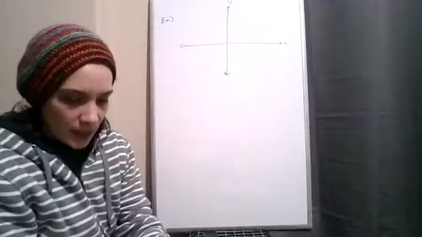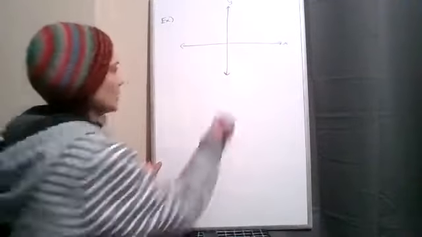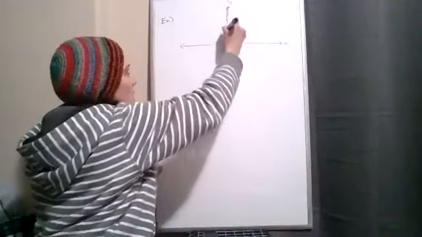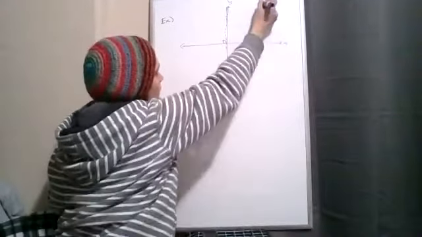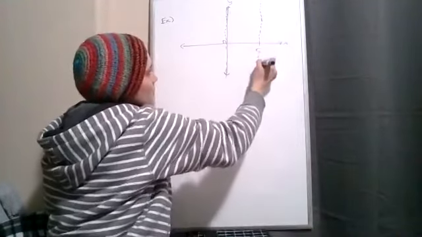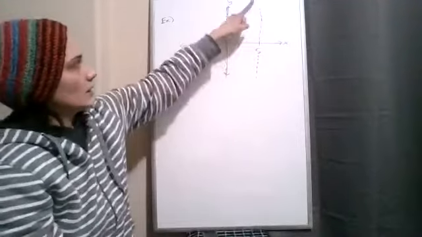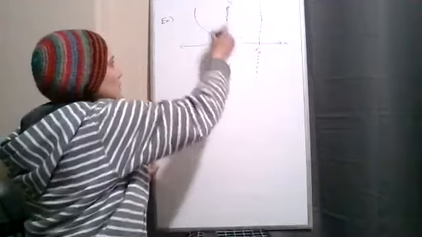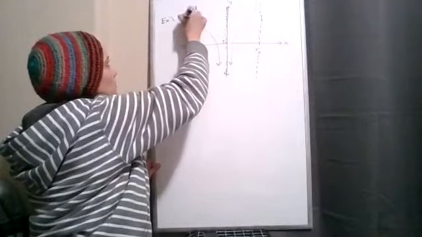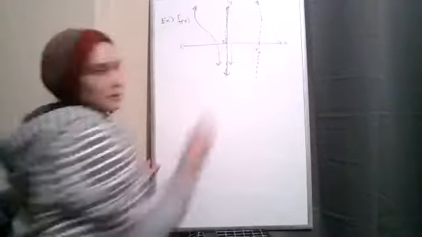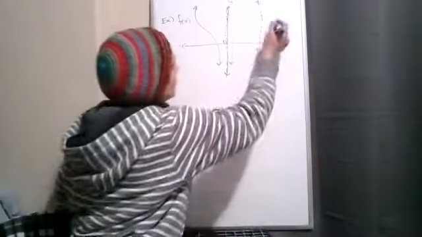So this function, same asymptote, similar picture actually. So we have a vertical asymptote here, 0. And then at 5, same thing. Then they had the function come down and over, down and over.